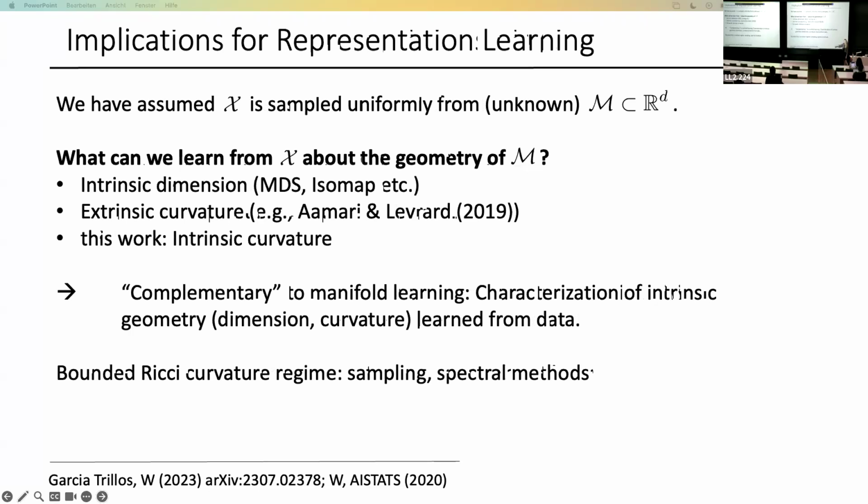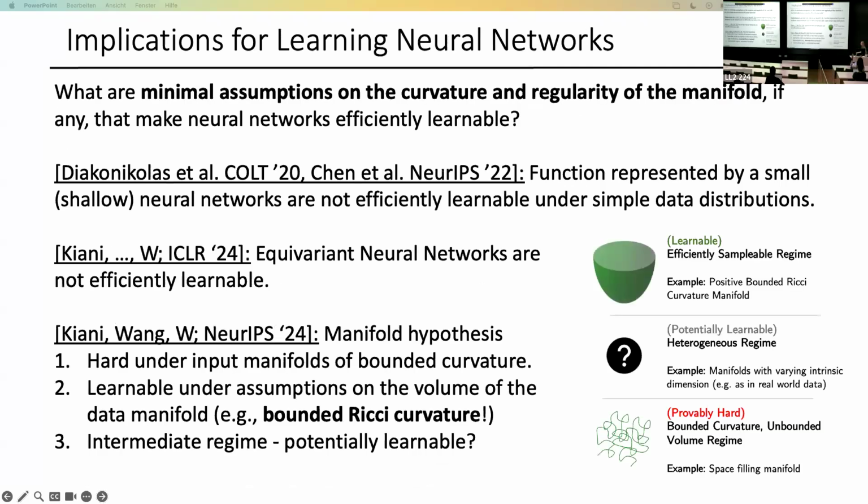We also have in the paper, as a first application, a contraction result in terms of global curvature bounds that gives some insights into where certain types of spectral methods might be expected to work well. So this is one set of applications.